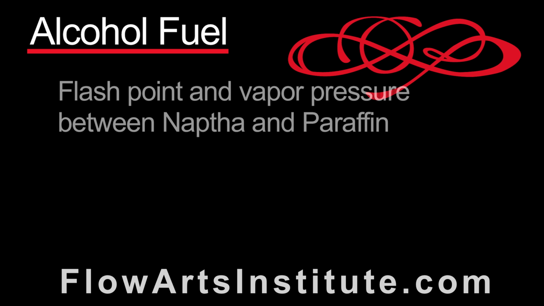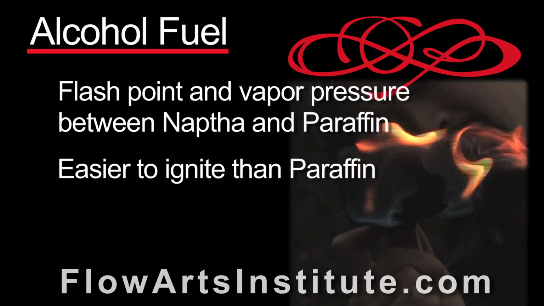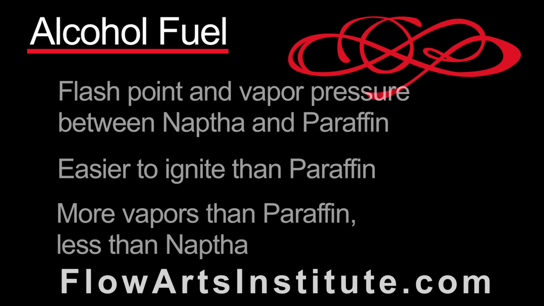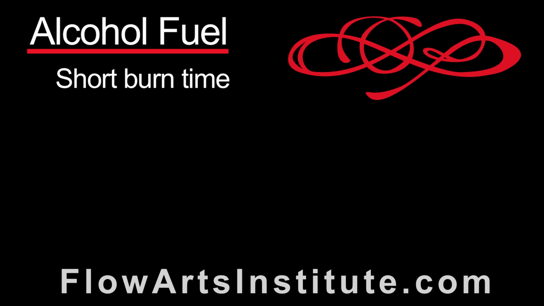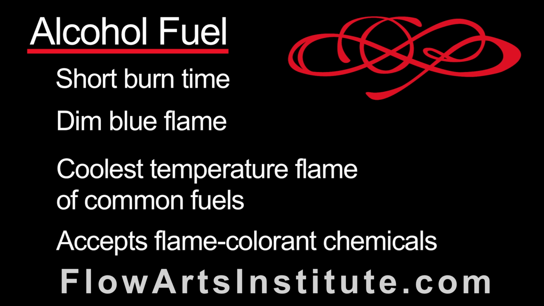It has a flash point and vapor pressure in between naphtha and paraffin, and in practice, this means that alcohol fuels are easier to ignite than paraffin, and that alcohol gives off more ignitable vapors than paraffin, but still less than naphtha. In practical use, alcohol fuels have a short burn time, a dim blue flame, and produce the coolest temperature flame of all the common fuels used in fire performance. Furthermore, being a polar molecule, it accepts flame colorant chemicals quite easily, such as boric acid.